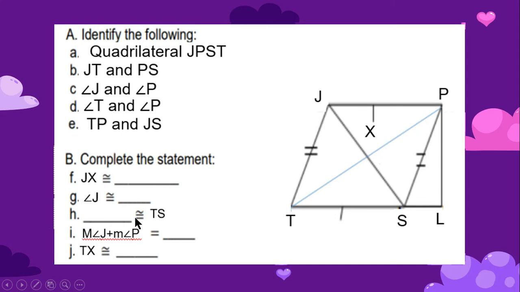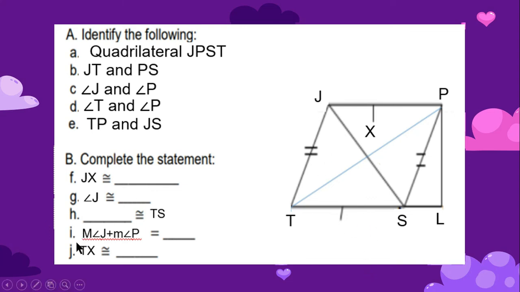Blank is congruent to TS. So this is the TS. So what should be here? It's JP, because according to the second property of parallelogram, two pairs of opposite sides are congruent.